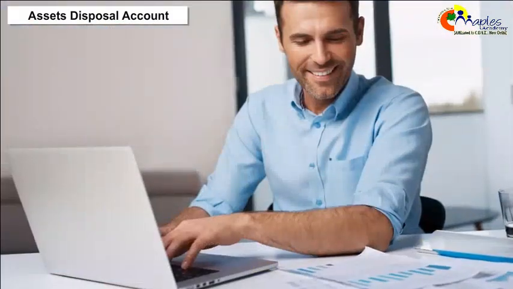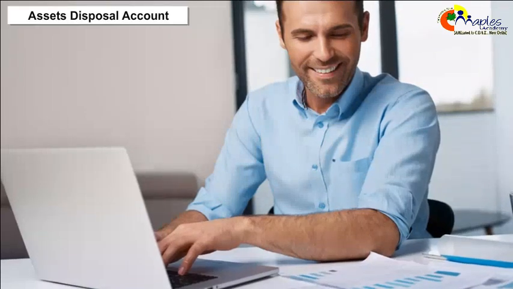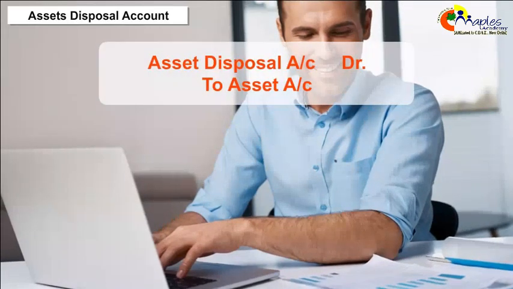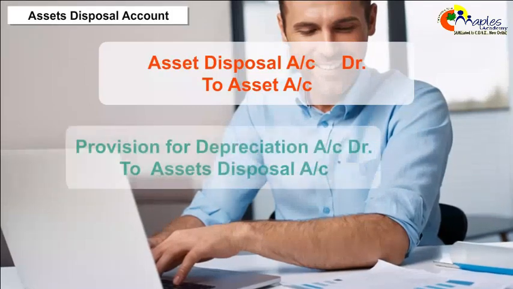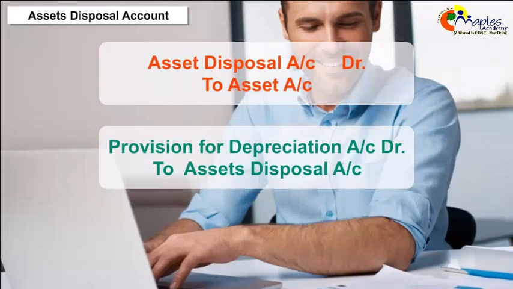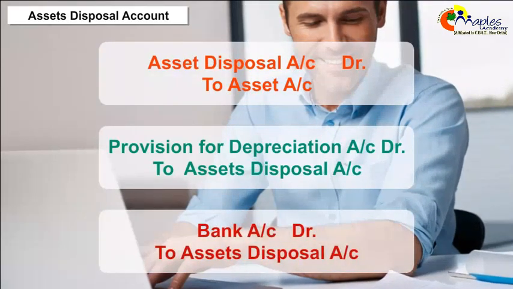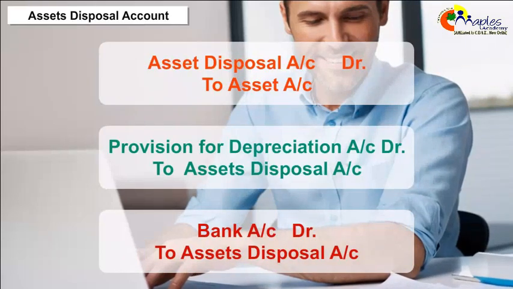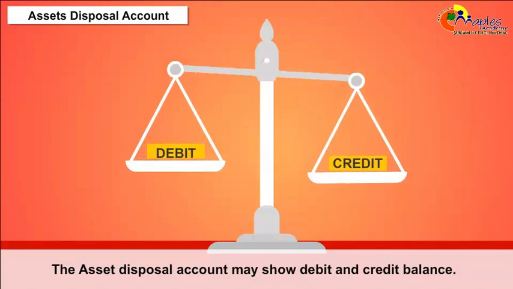The journal entries for the assets disposal account are: asset disposal account, debit to asset account; provision for depreciation account, debit to assets disposal account; bank account, debit to assets disposal account. The asset disposal account may show a debit or credit balance.